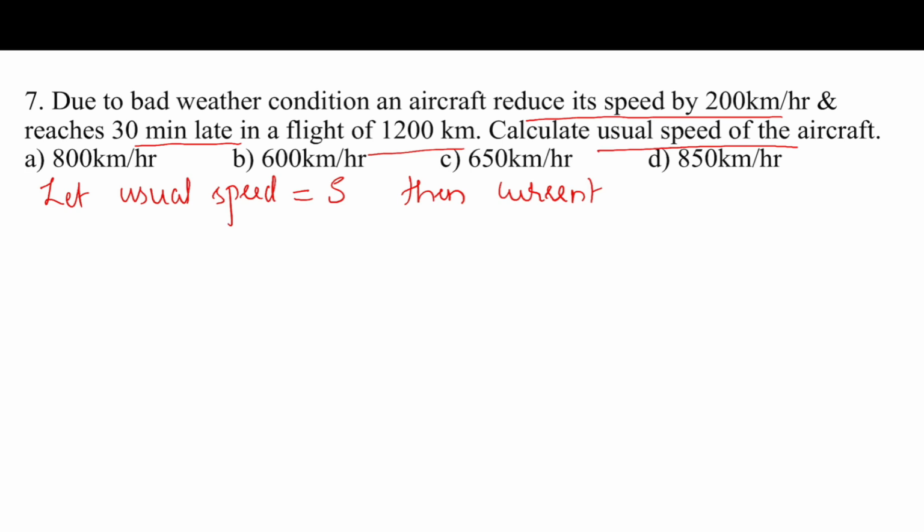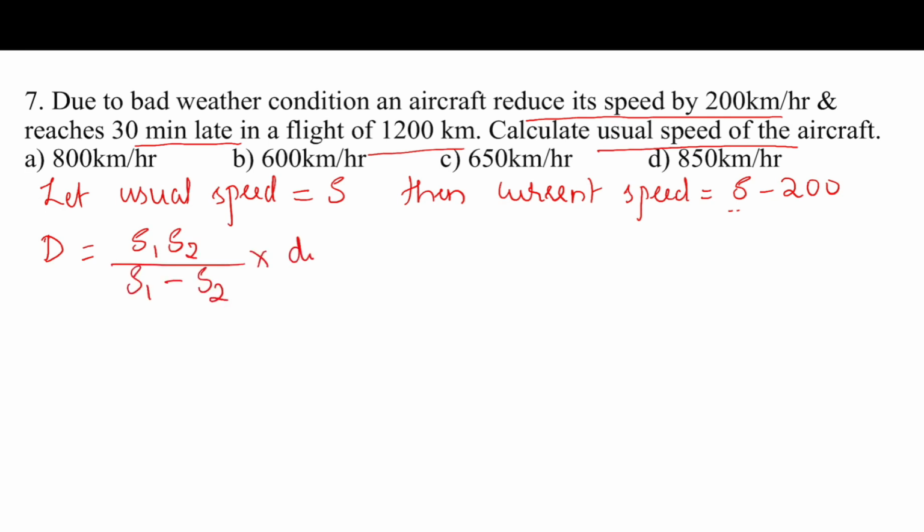If the original speed is s, then the current speed will be how much? s minus 200, because from its usual speed it is reducing by 200 km per hour, isn't it? So if s is the original speed, then the current speed will be s minus 200. So now we know the formula, just now we did, distance is equal to s1 into s2 divided by s1 minus s2, into difference in time, isn't it?